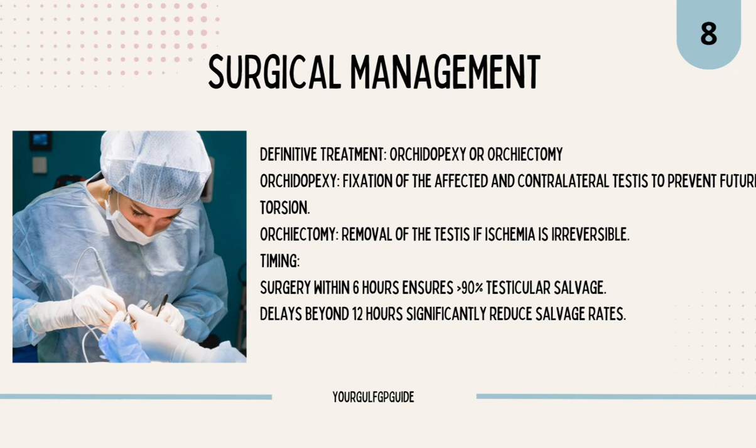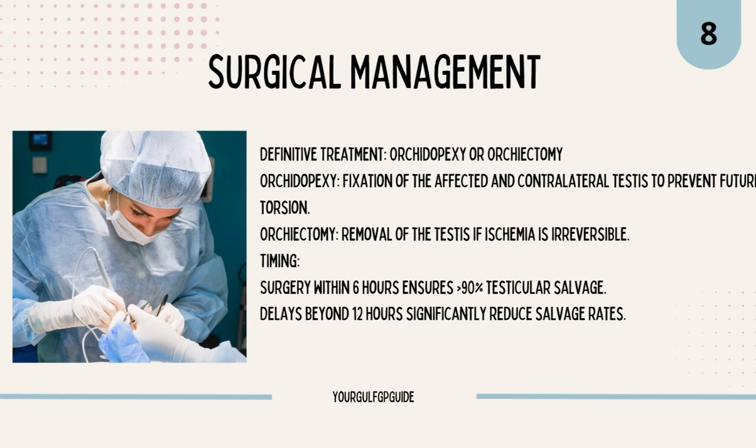Then we do orchidectomy. Orchidectomy is done when the testis is completely ischemic. There is no use of the testis anymore, the blood flow is completely cut off, and in that case you would have to do orchidectomy. Only if it is unsalvageable do we do orchidectomy.